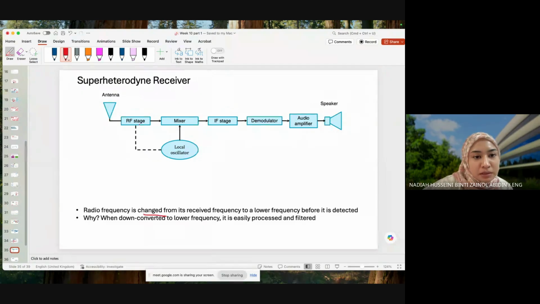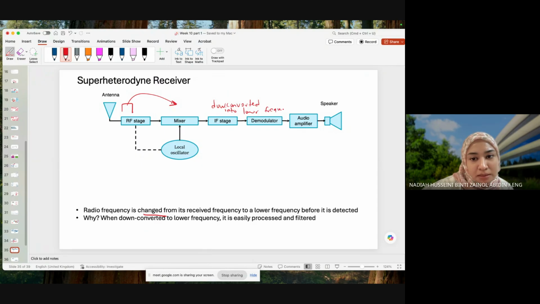So at the RF stage, we have our pre-selector, and then we have our mixer that is going to mix whatever is filtered with the local oscillator, right? So at this point, it is down converted into a lower frequency.